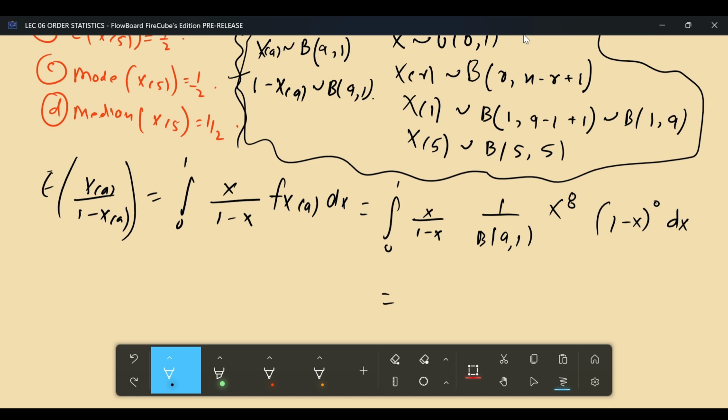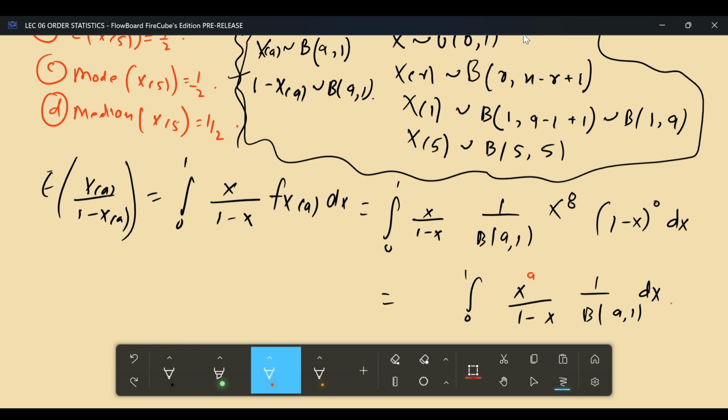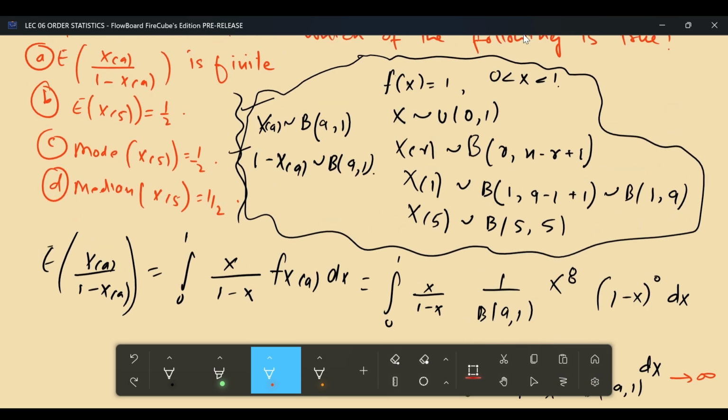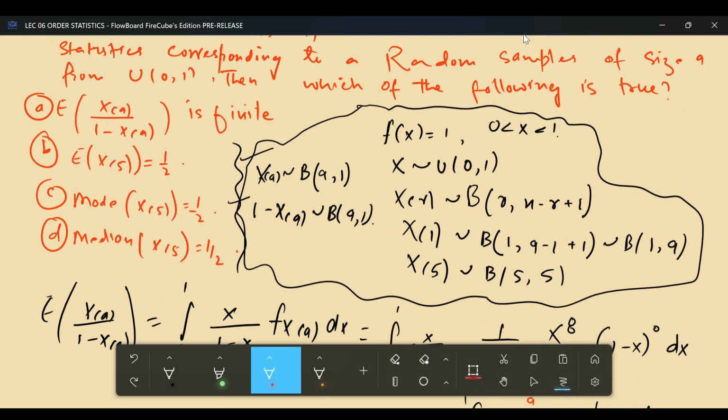So which is equal to the integral from 0 to 1 of x^9 (1 minus x) times 1 upon beta(9, 1) dx. And whenever we find this integral, this will tend to infinity. So this is not finite, which is our false statement.